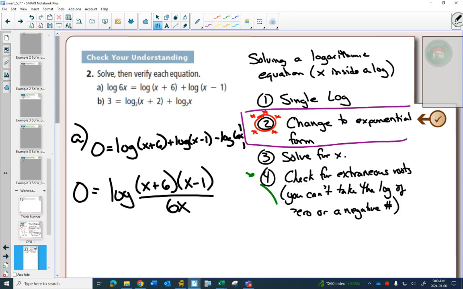So we've done step one. We got our single logarithm. Okay? Step two. This is the step that's in purple with red stars. The base is 10. The exponent is 0. And the answer is x plus 6 times x minus 1, all divided by 6x.